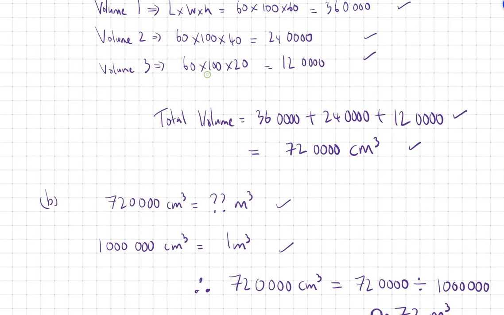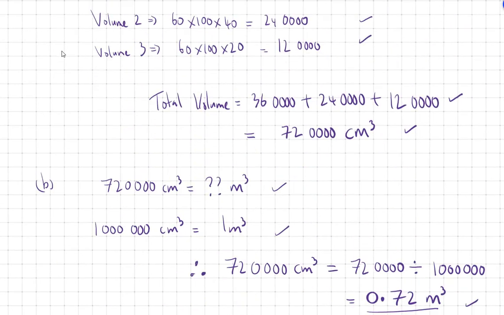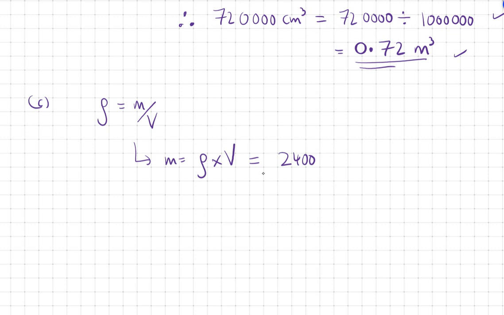Let me just check again, 2400, yeah. Multiplied by the volume, which we calculated previously, it is 0.72. And this will give me an answer of 1728, and this is in kilograms.